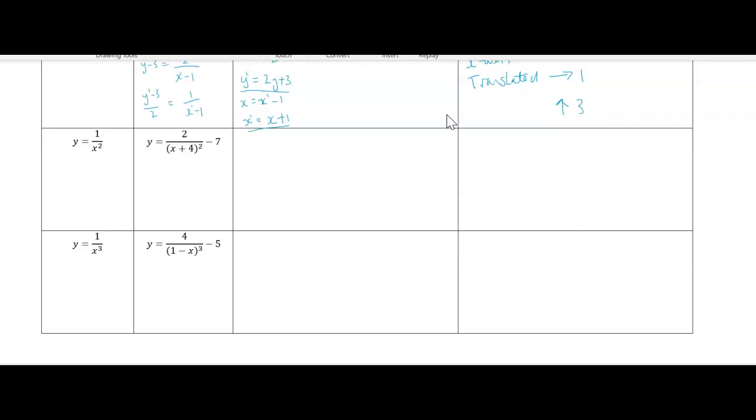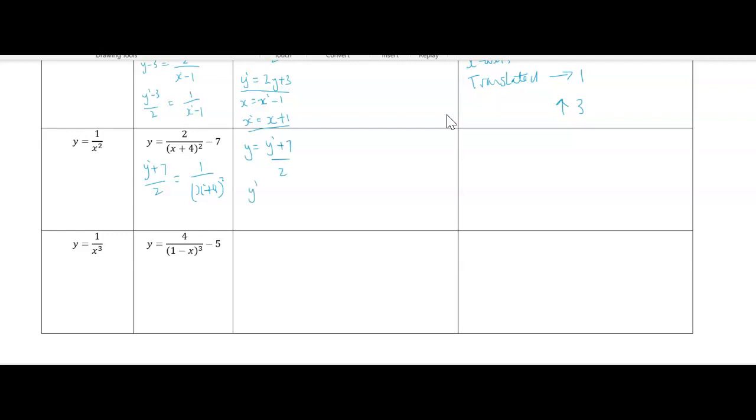So first of all, let's rearrange our equations. I'm going to take that 7 over to the left-hand side and then divide by 2, 1 over x plus 4 squared. Now I don't have to do anything with that bracket on the denominator. So that's going to actually be our image. So y is equal to y dash plus 7 on 2.